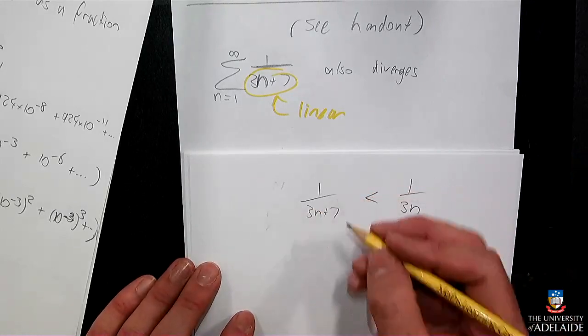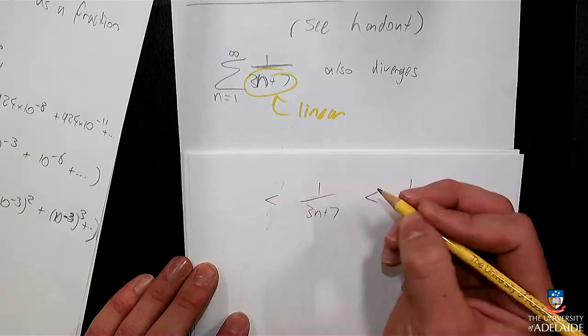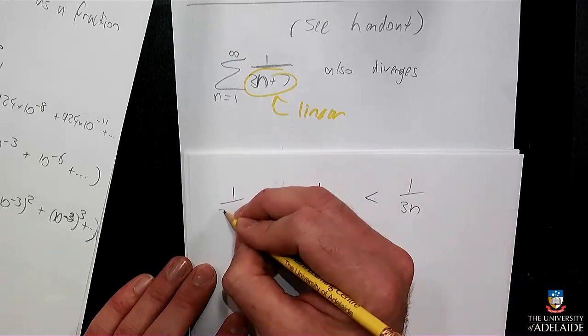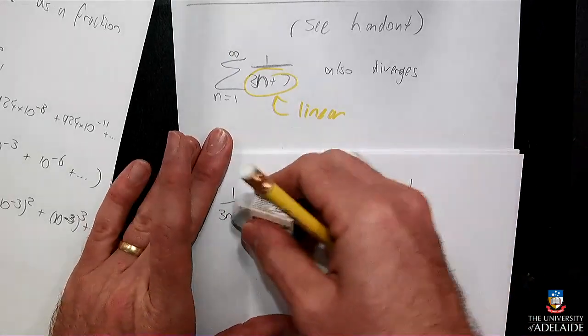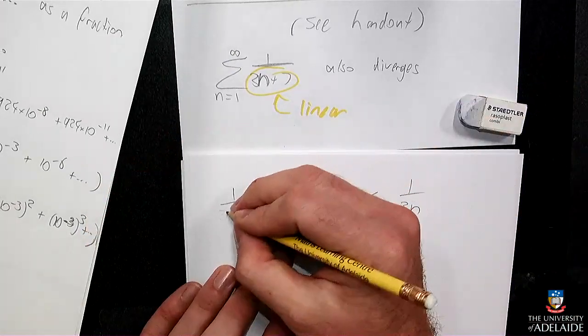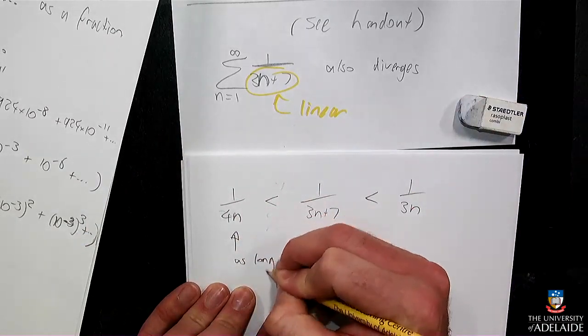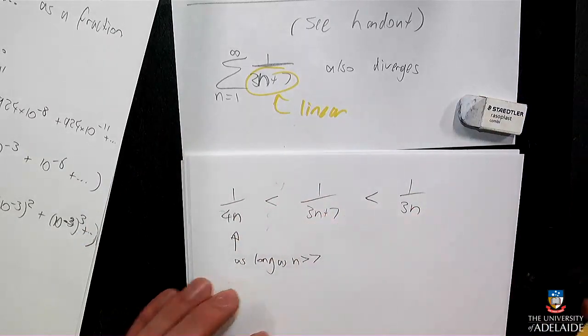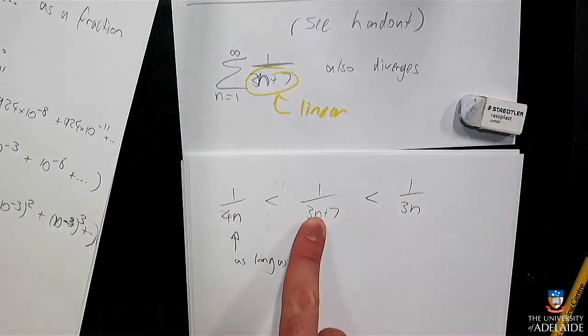But it's also, as long as n is more than 7, 4n is more than 3n plus 7.